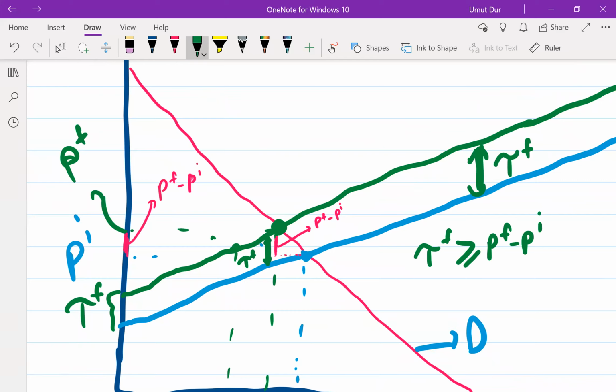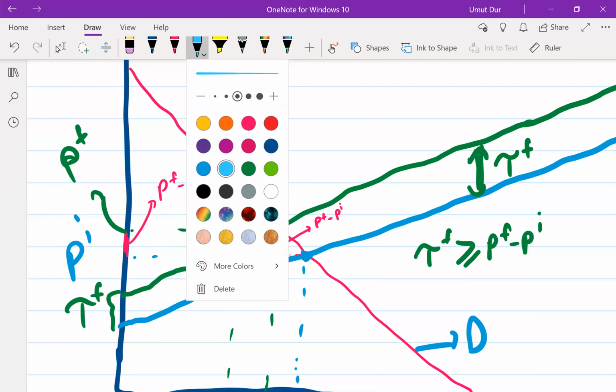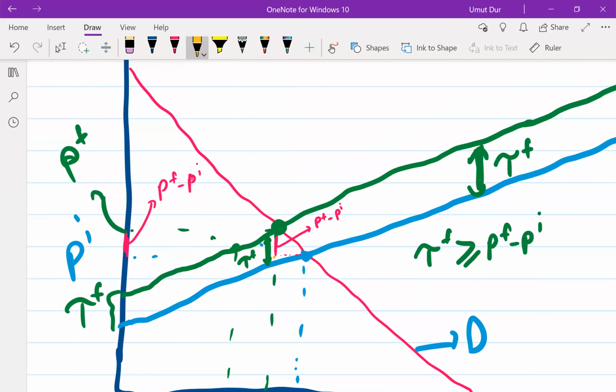There is a very tiny difference on my drawing. If we had drawn it in a better way, we may observe a larger change. Here, this yellow area is the amount that the tax is greater than the price difference.